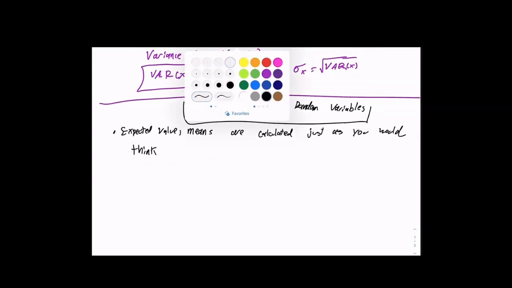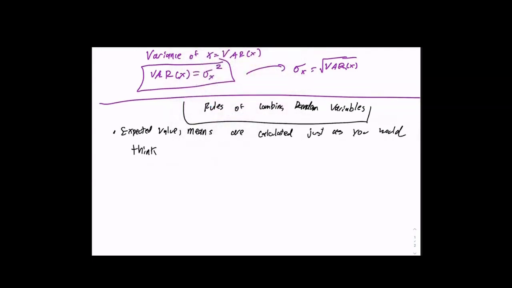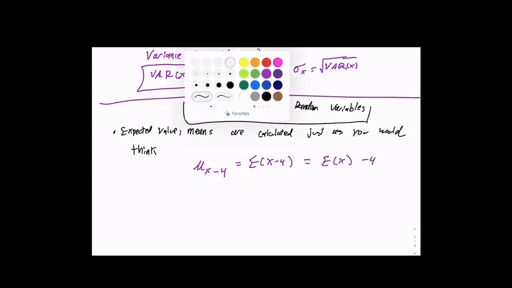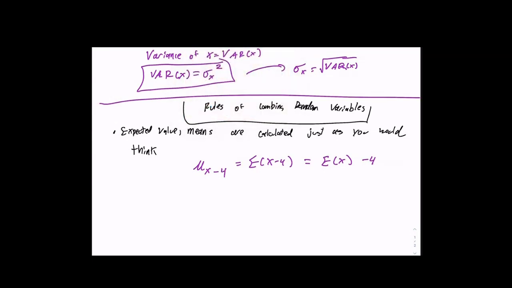What I mean by that is that if we take some variable x and we lose $4, which can also be written as E of x minus 4, then the answer is the expected value of x minus 4. Like I said, tomorrow we'll talk more about the meaning of this.